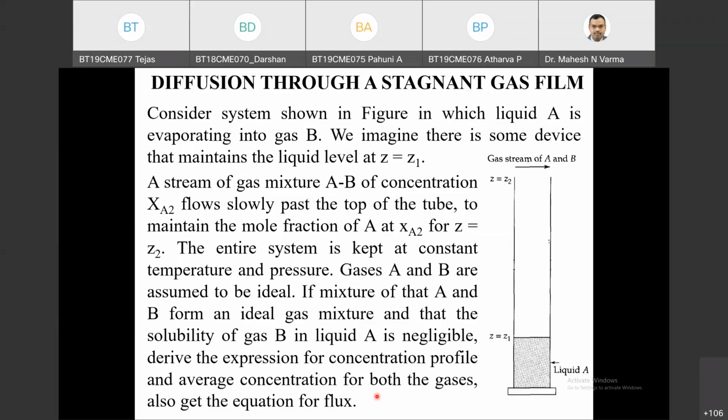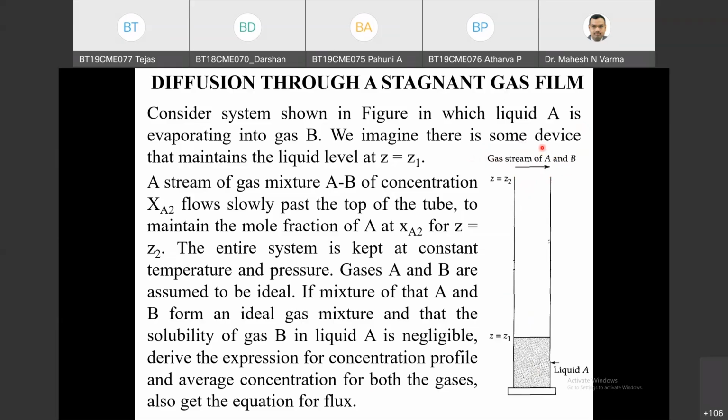And sir, at the top of the tube, the mole fraction of A is XA2, which is maintained there. So this concentration of the gas stream is constant. Even though liquid is evaporating continuously from here, it is not changing the concentration of A, as there is a continuous flow of this gas stream.